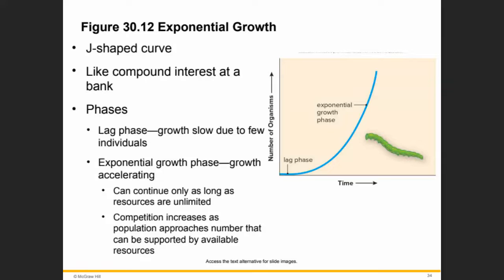We have a lag phase, where the growth is slow due to few individuals, and then it starts growing with accelerating growth. This is what we call the exponential growth phase. And this can continue, remember, as long as the resources are unlimited.